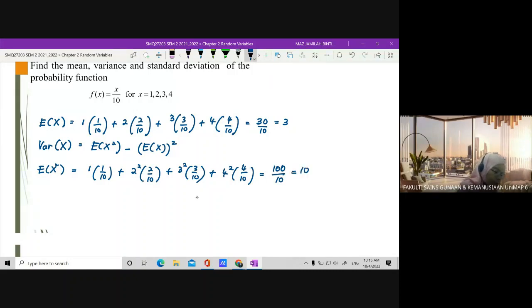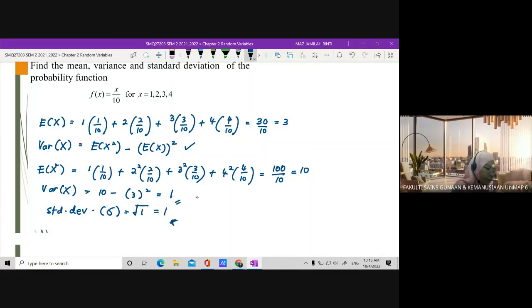So now we can finish our variance. So variance of x, using this formula, you get 10 minus expected value of x, that will be 3 squared. So you get what? 1, right? Yes. So standard deviation, that will be sigma is equal to square root of 1, you get 1.